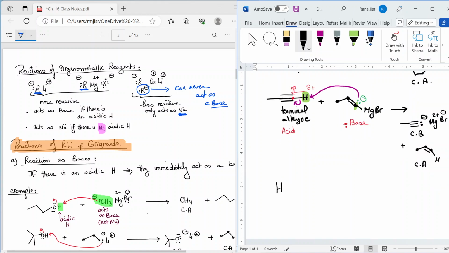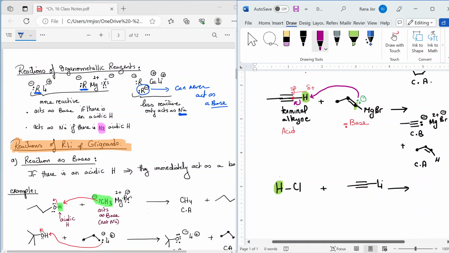The more acidic the hydrogen is depends on the electronegativity of the atom that it is connected to. So if I have something like this, let's say, for example, lithium in there. If I am looking at this hydrogen over here, this hydrogen is connected to a chlorine.